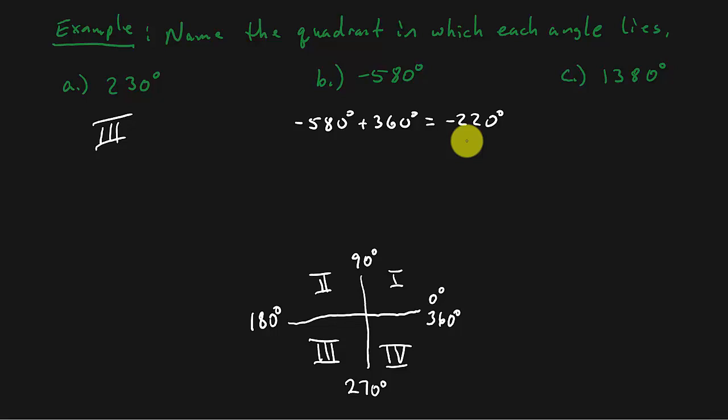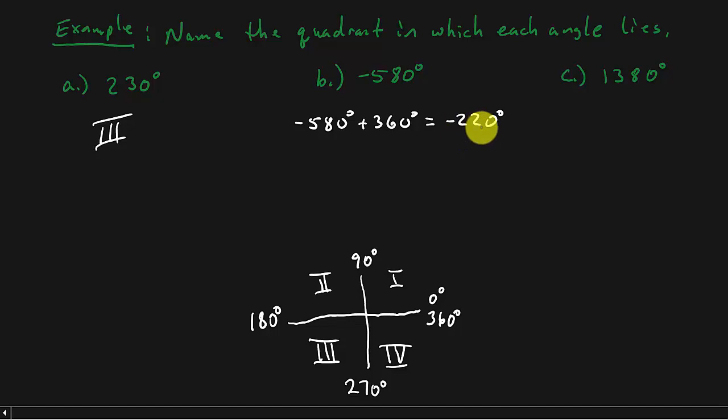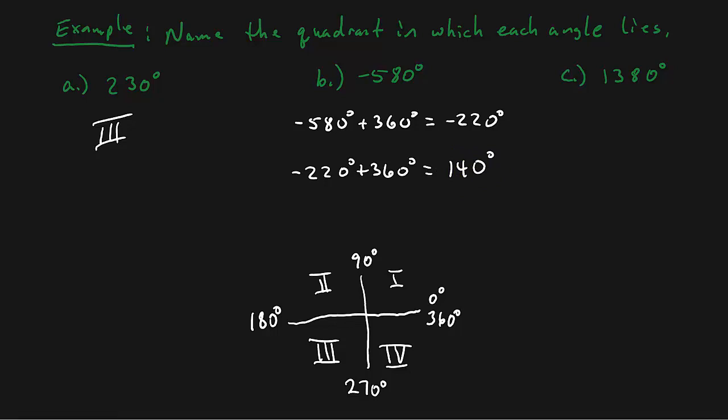Okay, but look, negative 220, is that between 0 and 360? No. So let's add 360 again. So if I take negative 220 and add 360, that gives me 140 degrees. Okay, so remember, these are all coterminal angles.